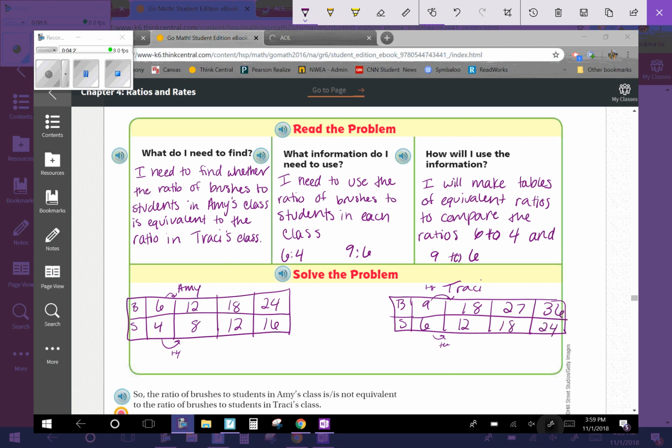So now I have to look and see if there's anything in common. Well, I see 18 in the numerator in both tables.